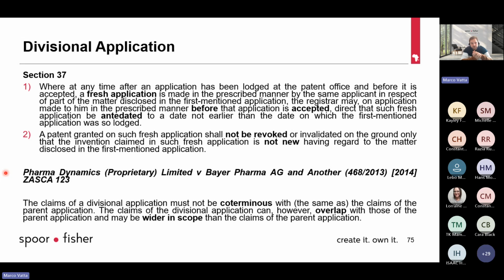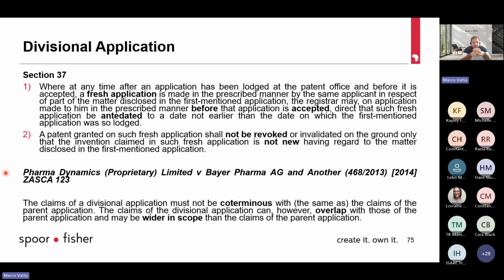And so it is safer to file divisional applications. And these are done on a daily basis in South Africa. There are multiple divisional applications filed in South Africa where there is a disclosure of an invention, but various embodiments of that disclosure can be protected as separate patents.